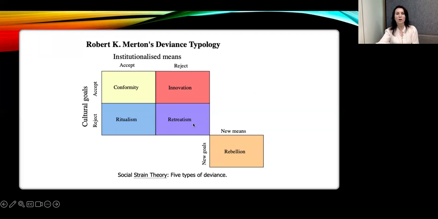And then there are different kinds of types, like innovation, ritualism, retreatism, and rebellion. They deal with this cultural goals and institutional means differently.